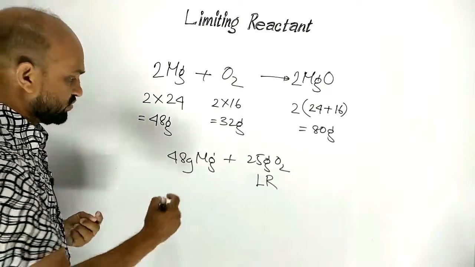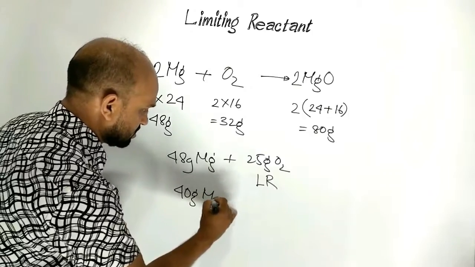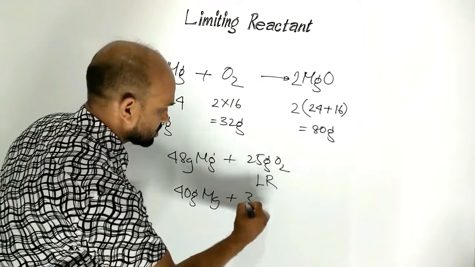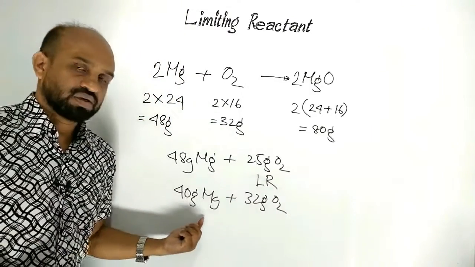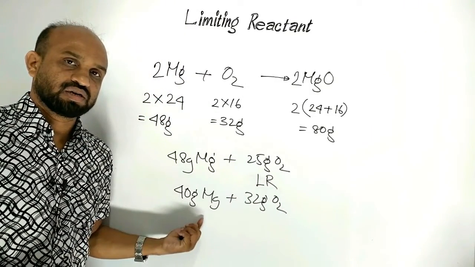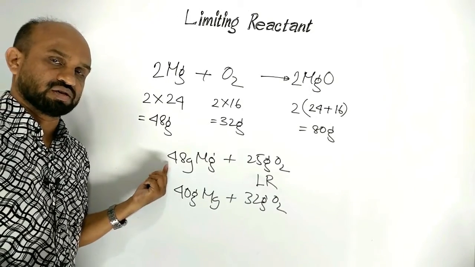But if 40 gram magnesium is taken with 32 gram oxygen, magnesium is taken 40 gram instead of 48 gram.